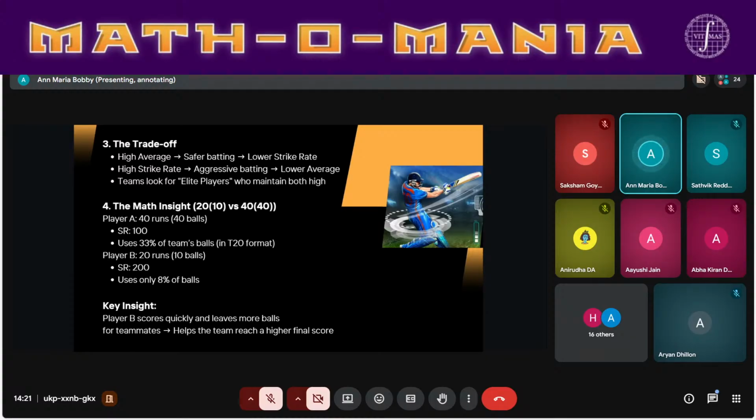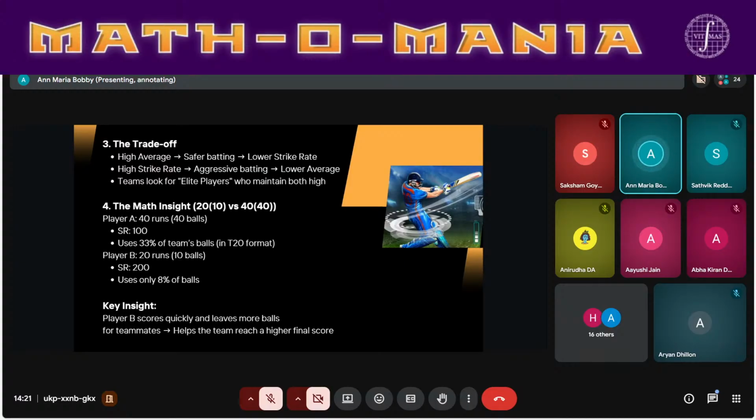So the trade-off. In cricket, there is often a trade-off between batting average and strike rate. Higher average means safer batting, which can mean a lower strike rate. When it's safe batting, the strike rate might be low because he may face more balls.